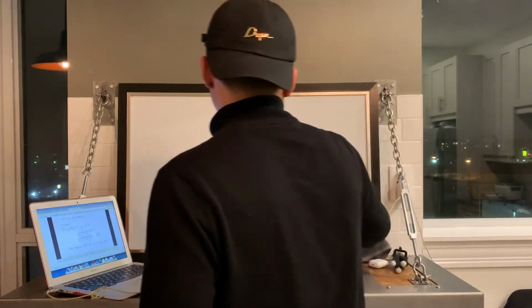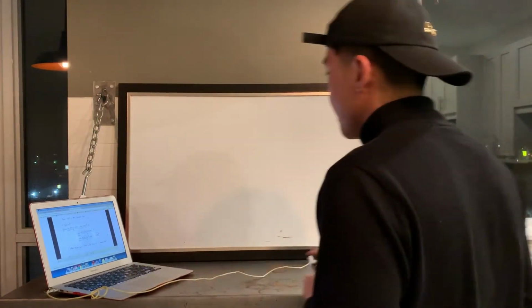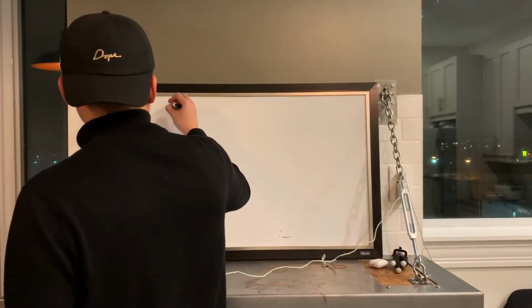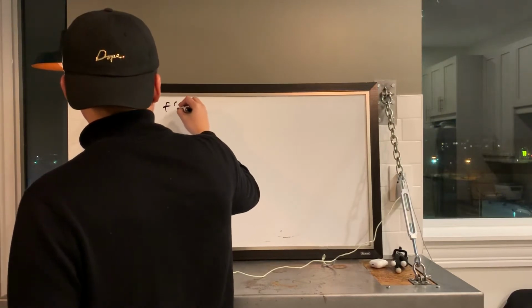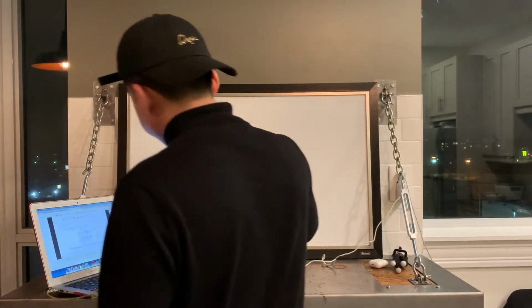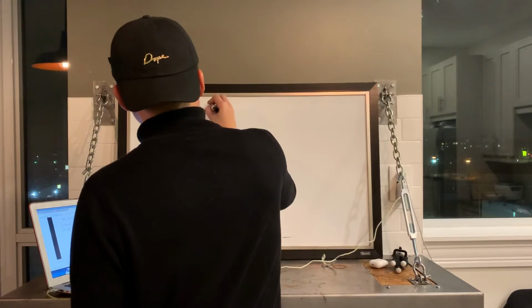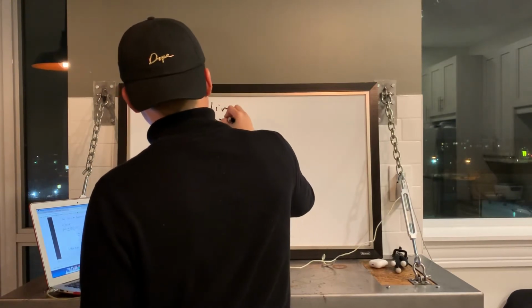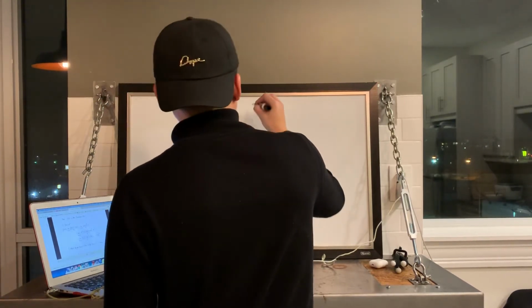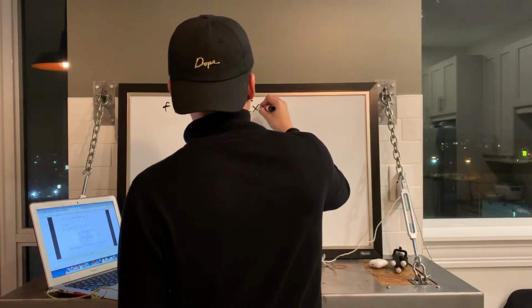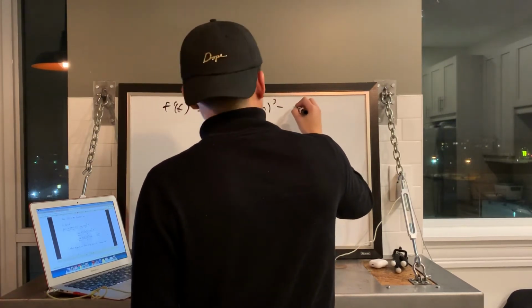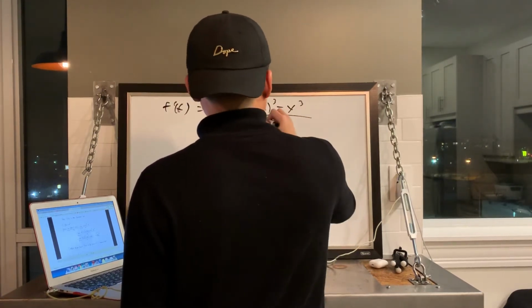We can kind of run through it. We're not going to do it all in depth. That's a lot of time there. F prime of x, it's an x by the way, equals a limit as h approaches 0, x plus h cubed minus x cubed all over h.